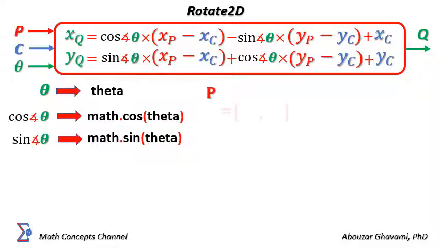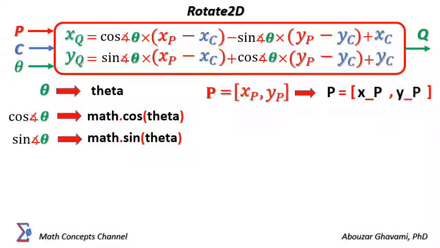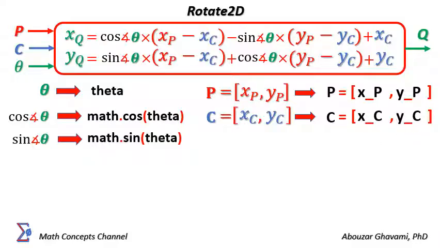Point P has coordinates xp and yp. We denote rotating point P in Python as a list with two elements that are xp and yp. Center point C has coordinates xc and yc. We denote center point C in Python as a list with two elements that are xc and yc.